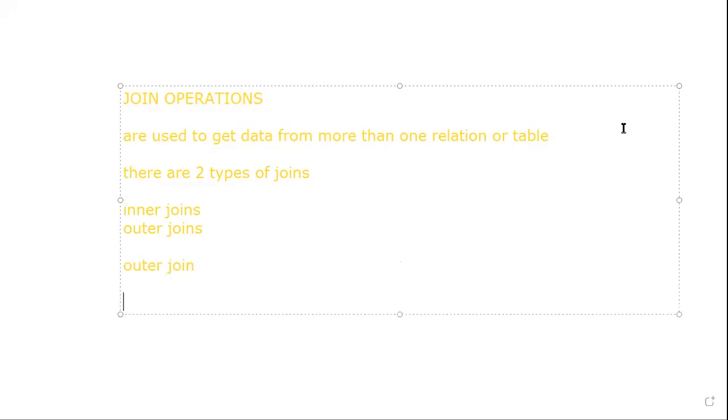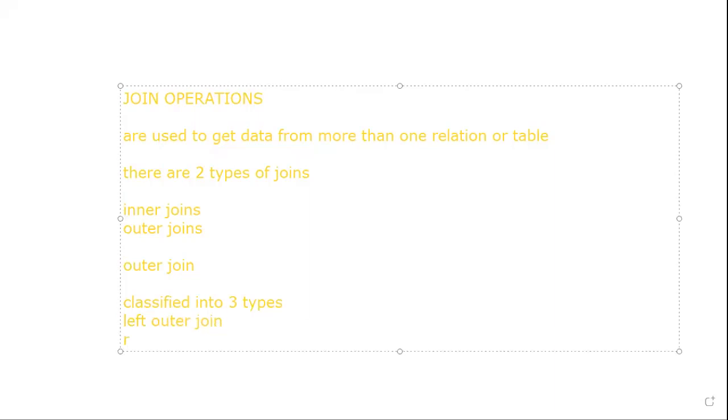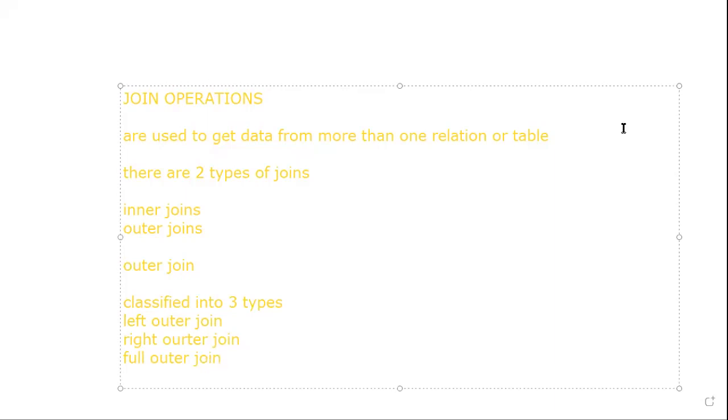Outer joins are classified into three types: left outer join, right outer join, and full outer join.